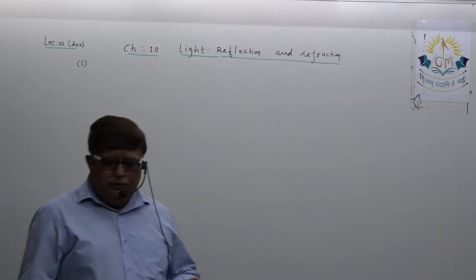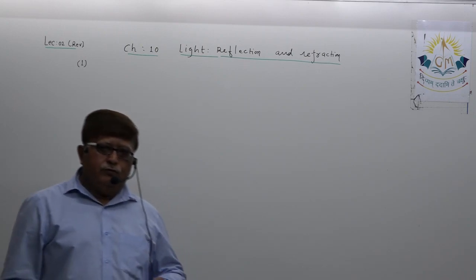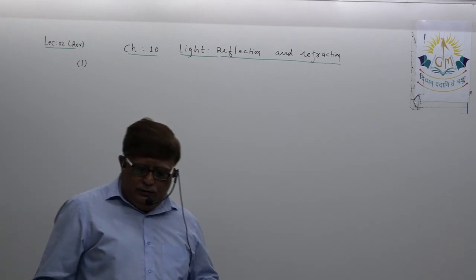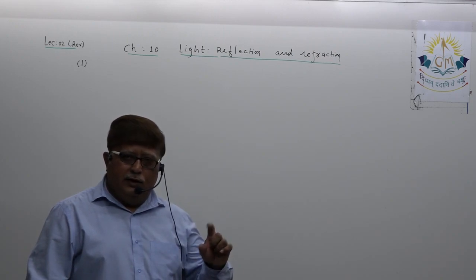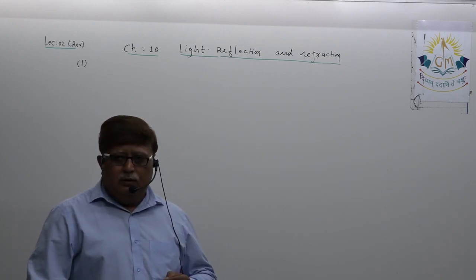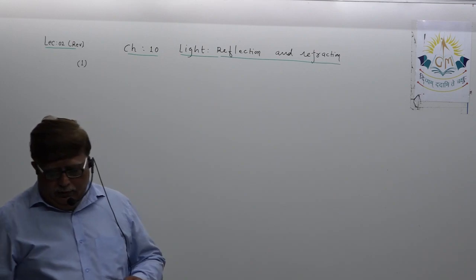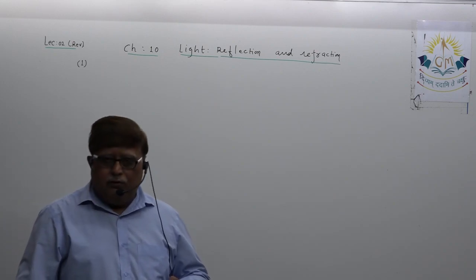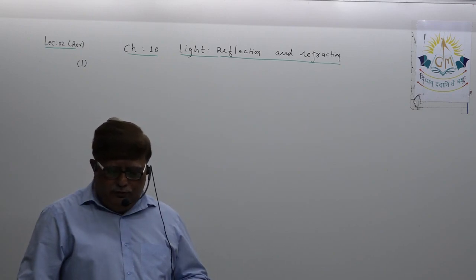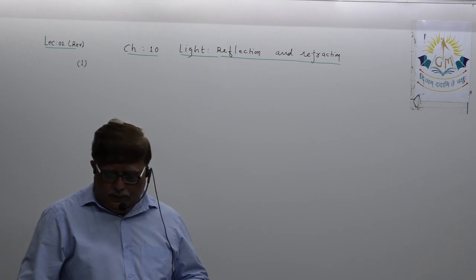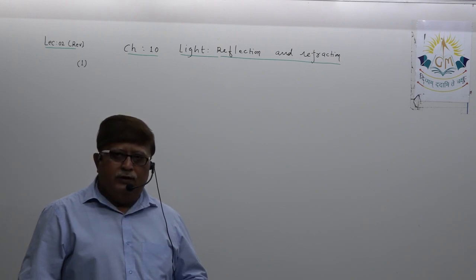An object 4 centimeter in size, meaning the height of the object is given, is placed at a distance of 25 centimeter in front of a concave mirror of focal length 15 centimeter.